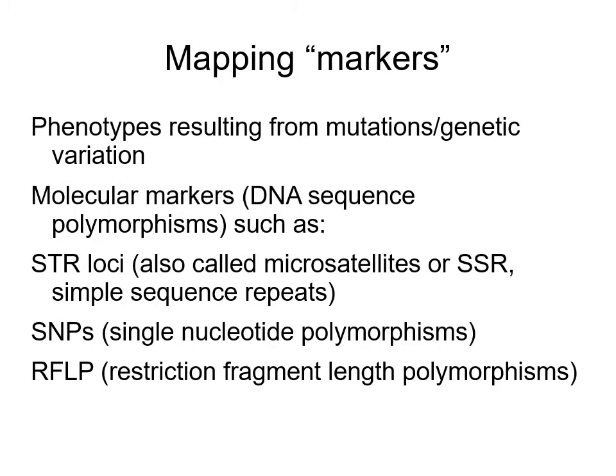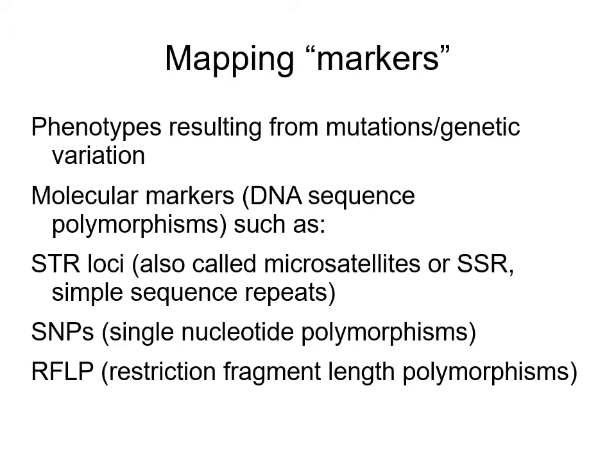So in terms of mapping, if you're going to try to do a map genetically, you need to have markers, which is to say places where the DNA differs from one chromosome or one individual to another. Now, many times we'll be following phenotypes that result from genetic mutations, which lead to alterations in the appearance of the organism.